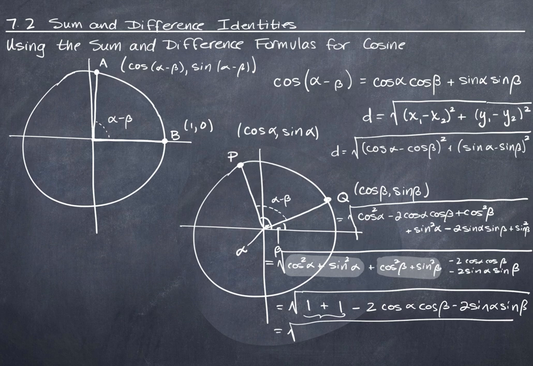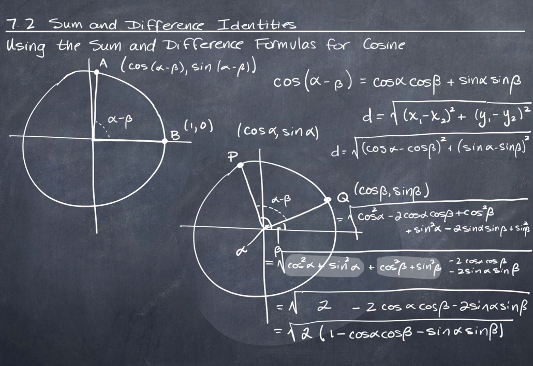Normally I don't like to do this, but I'm running out of room. So I'm going to change this in here to a 2 because the next step will be to factor a 2 out of everything. 2 times 1 minus cosine alpha cosine beta minus sine alpha sine beta.